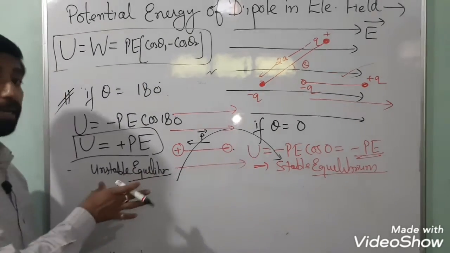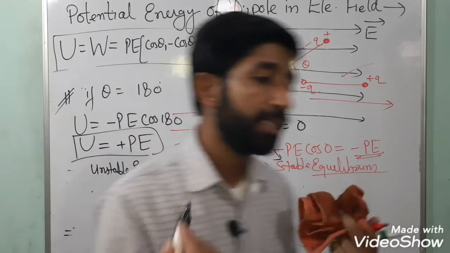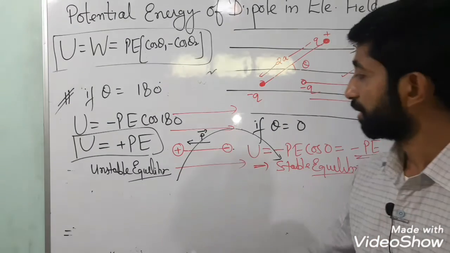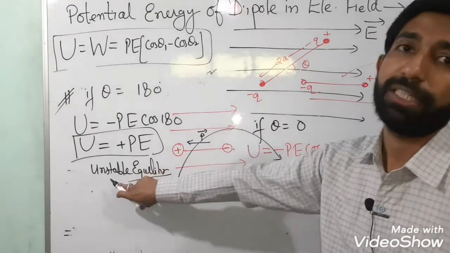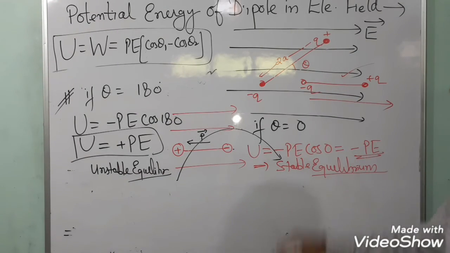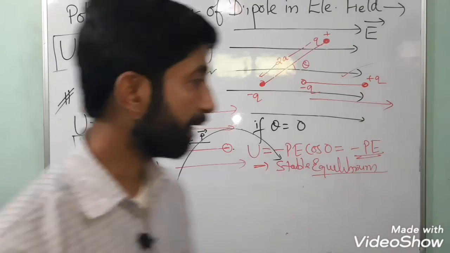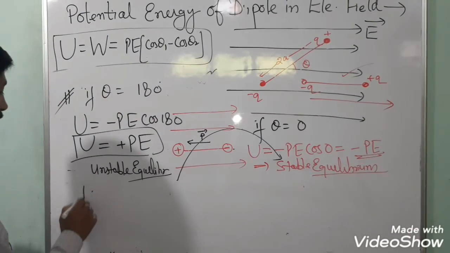The body has maximum energy, that is obvious, but if it gets disturbed a little bit, it does not remain in this particular situation, it comes to this situation, which is known as stable equilibrium. That's it. Now one more case is left.